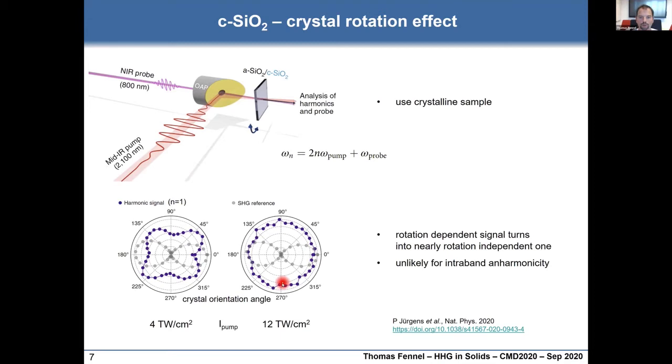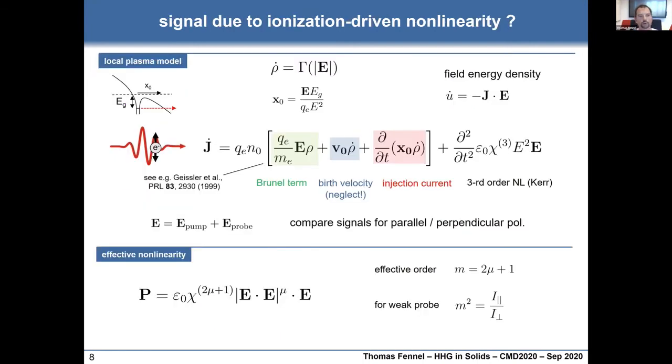We conclude that it's unlikely that the signal stems from intraband anharmonicity, because otherwise we would expect clear rotation dependence in the signal. So the question remains if we can rationalize the observations by the ionization-driven nonlinearity.